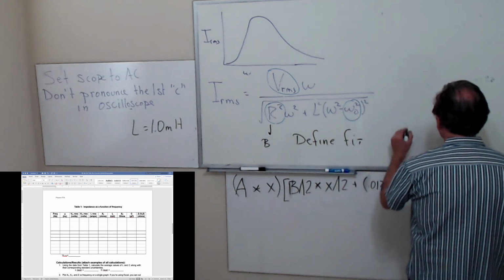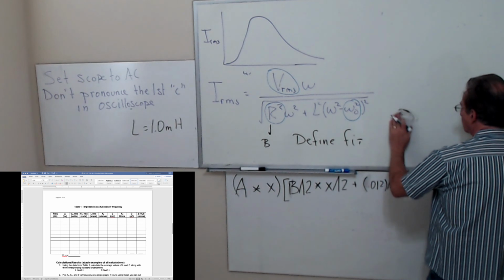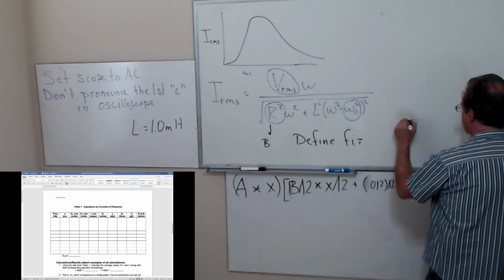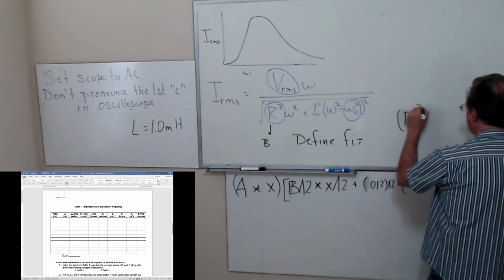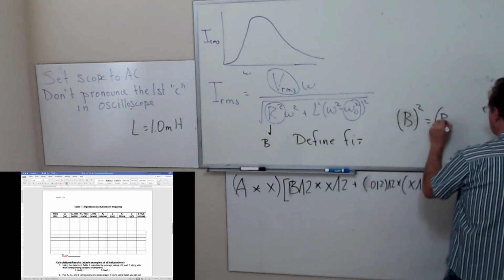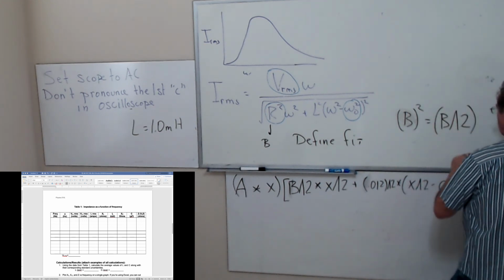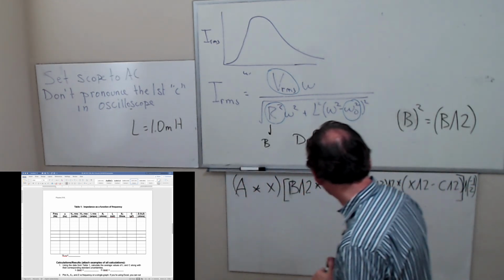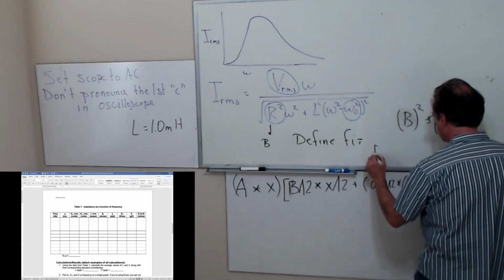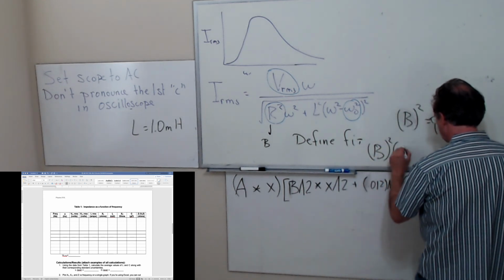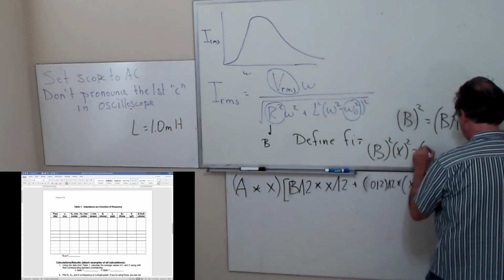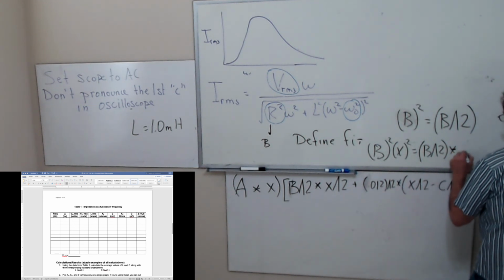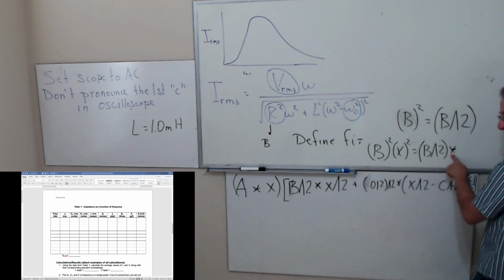When you square something in Graphical Analysis, you've got to type it like this, with the caret symbol. This is times, so you have to use the asterisk for multiplying.